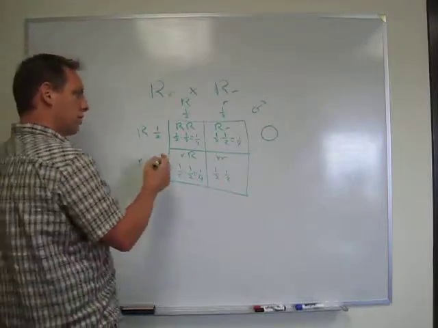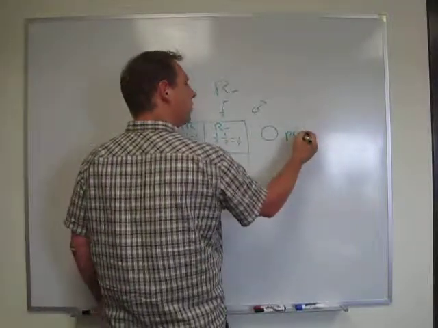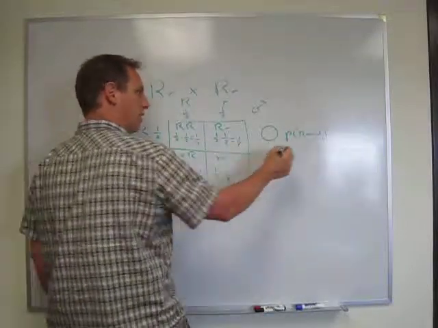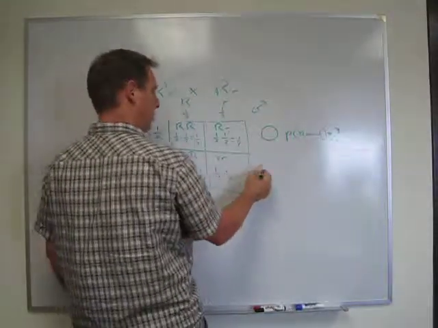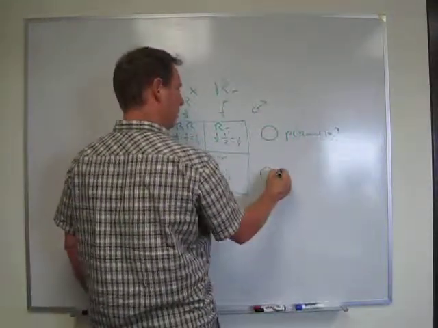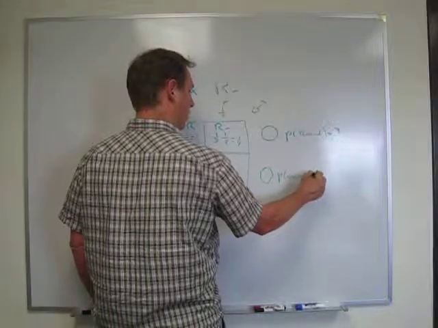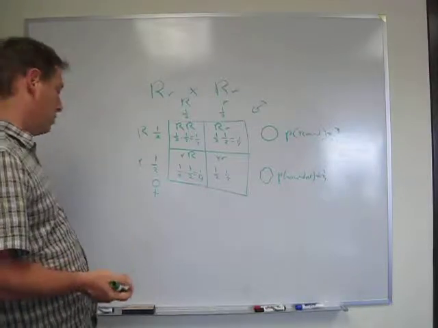So you sum those up, a quarter plus a quarter plus a quarter, and the probability of a round p-bearing plant is equal to 3/4, and then the probability of a wrinkled p-bearing plant is equal to a quarter. Now, the reason I reiterate this is because I want to show something more complicated.